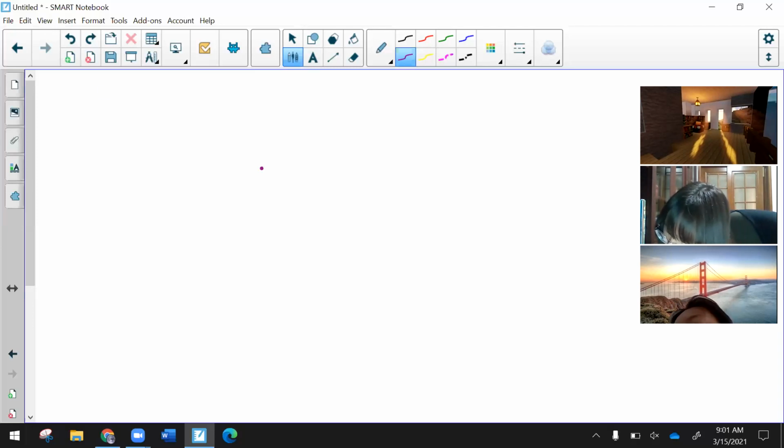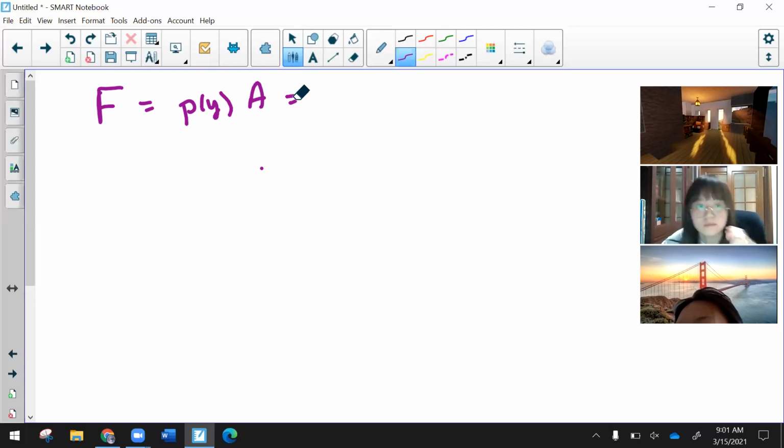Okay, so remember that the fluid force is the pressure times the area. And the pressure is going to stay the same, right? That's still going to be 62.4 y.